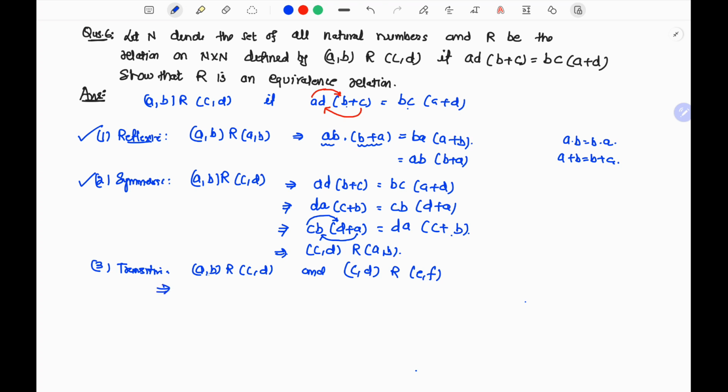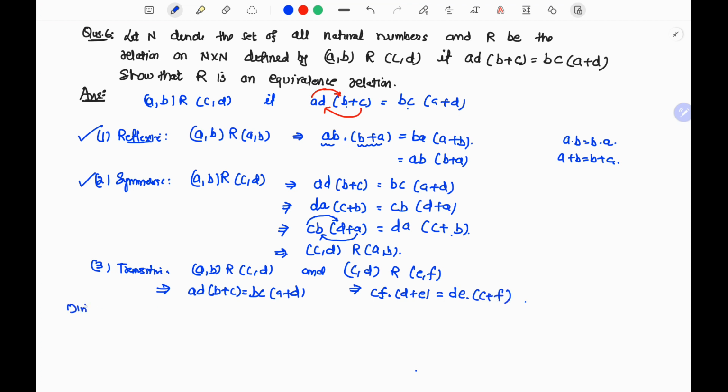This implies that using the given expression, it is AD into B plus C equal to BC into A plus D. While the second relation will give CF into D plus E. It will be equal to, now D plus E will be written in product form first and CF in addition form.